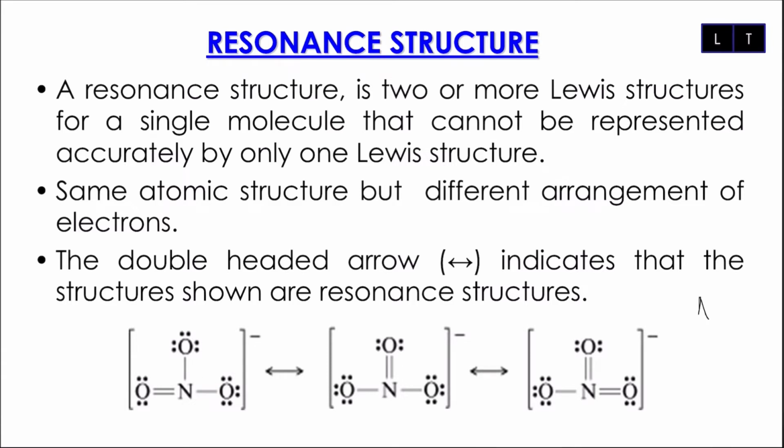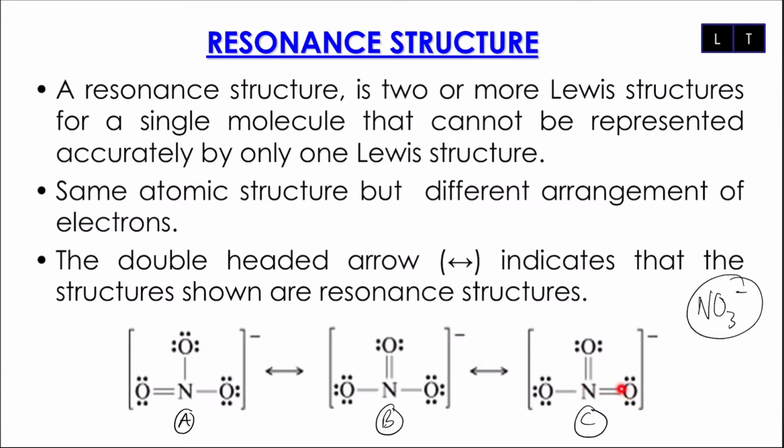NO3 minus has three resonance structures where we have A, B, and C. So between these three, you can see that they have different arrangements of electrons. For example, a double bond between nitrogen and oxygen on the left, or nitrogen and oxygen in the middle, or nitrogen and oxygen at the right.